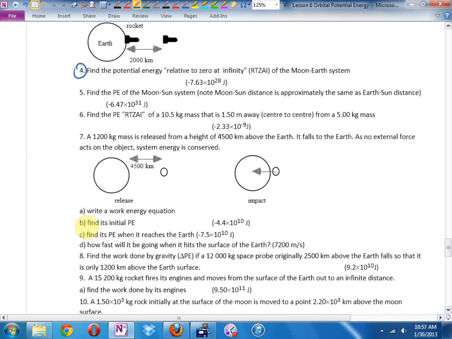I'm going to assign 7. I haven't really talked about 7 yet. This is a conservation of energy question where you know how much potential you have at the top and it starts to fall down. You can calculate how much potential you have at the bottom. Where did that potential go? It went into kinetic. How much kinetic? How much speed? See if you can try number 7.